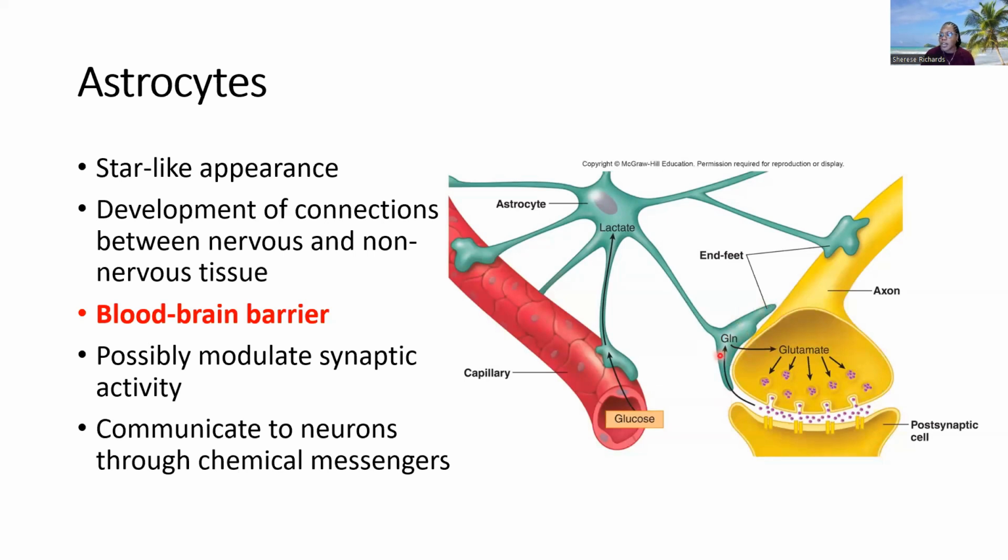And again, notice here, they are not electrical cells. And remember, we said that these modulating neurons have no electrical activity that is involved at the synapse. All they do is encourage more of the vesicles to be exocytosed, and then more of that neurotransmitter to be released, or if it's inhibition, less of that to occur. So that is another role that astrocytes can play in the nervous system as well.